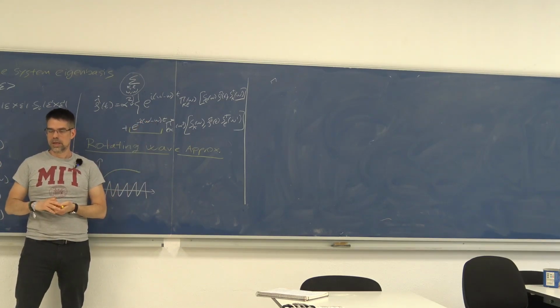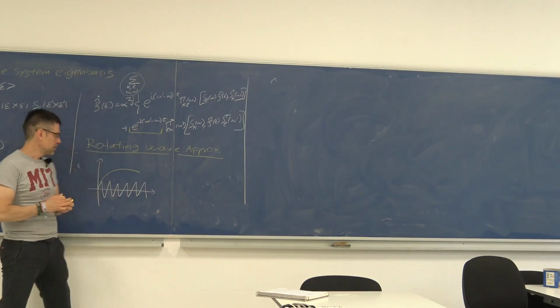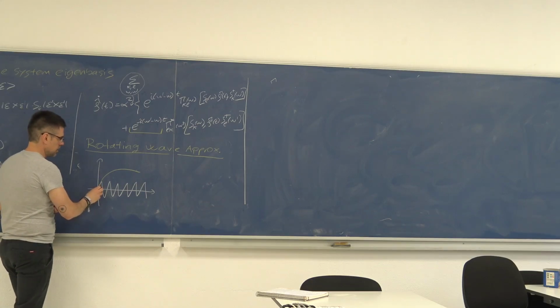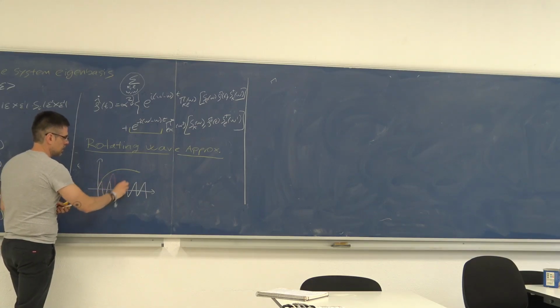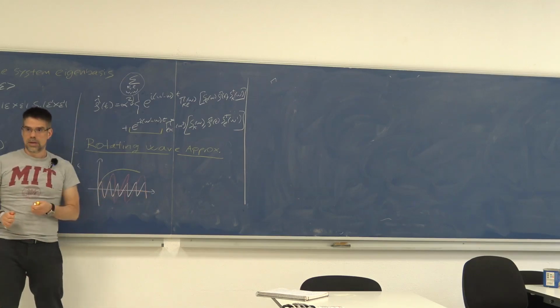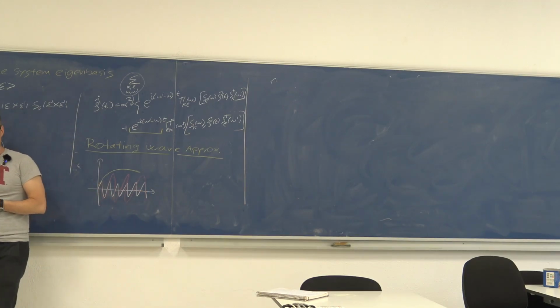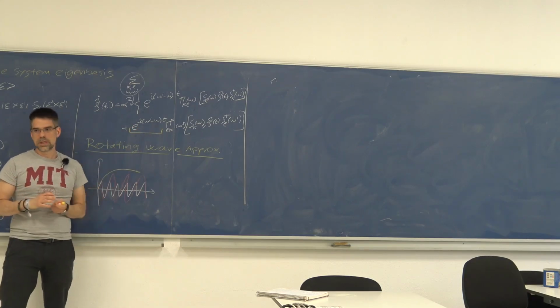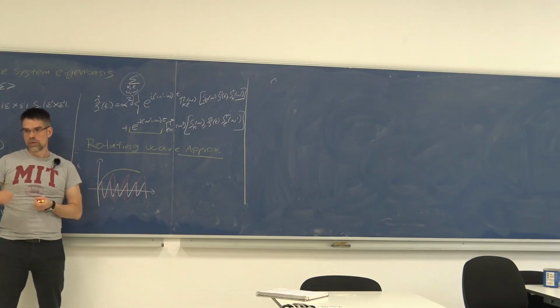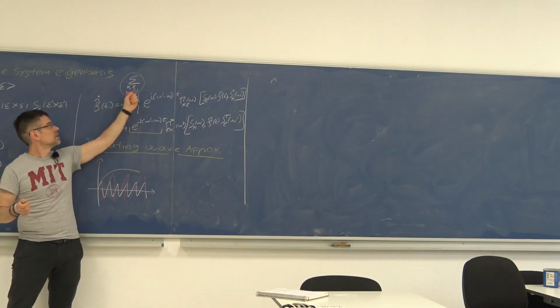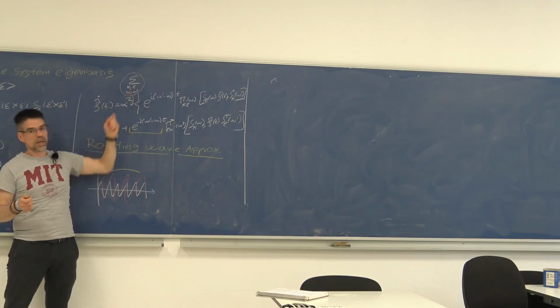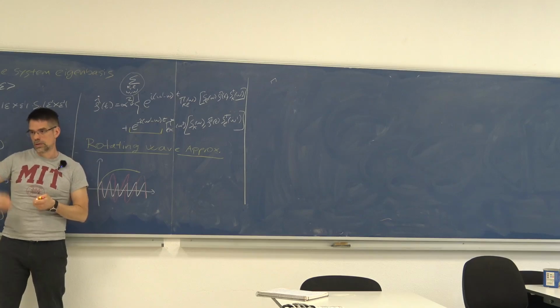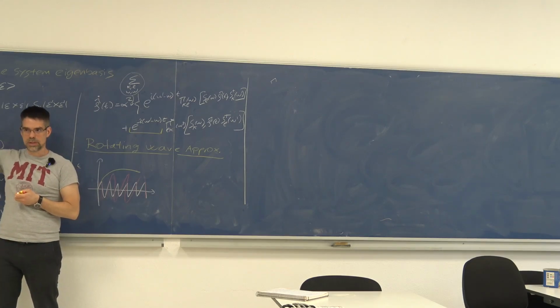If you oscillate very fast, this part will go down and up and down and up. So if the typical dynamics of your system is very slow compared with this frequency here, most of the terms of this summation over omega and omega prime will cancel out, because they go positive and negative, positive and negative.